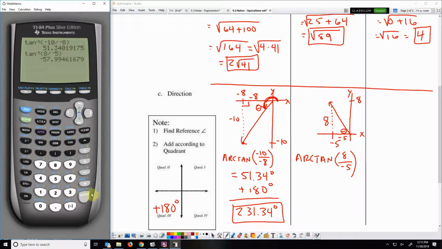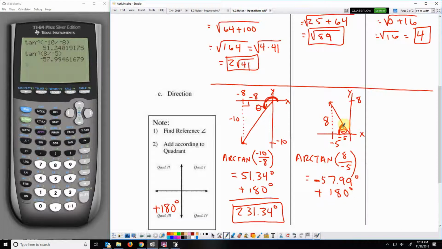And I get -57.99 degrees. Which means that really this angle right here, the reference angle, is 57.99, which I have to take away from 180, or I can just do that in -57.99 plus 180.